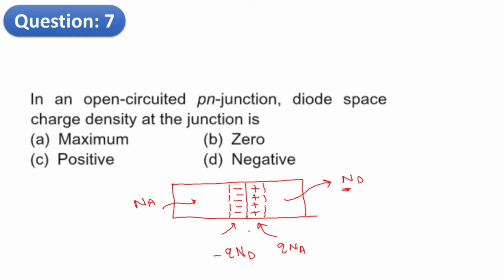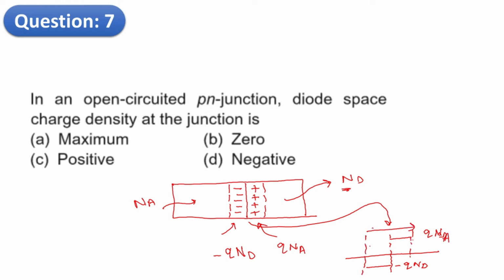Suppose this is the junction, so junction के across इस तरीके से minus QNA and plus QND, sorry. And this is the width of the depletion layer. Okay, so at this junction, the charge density will be 0.